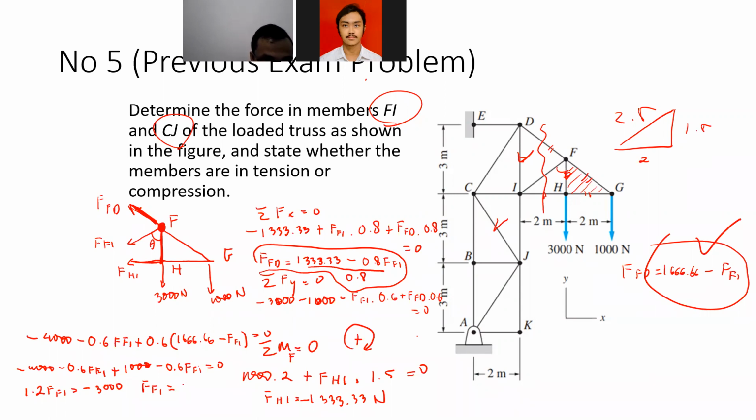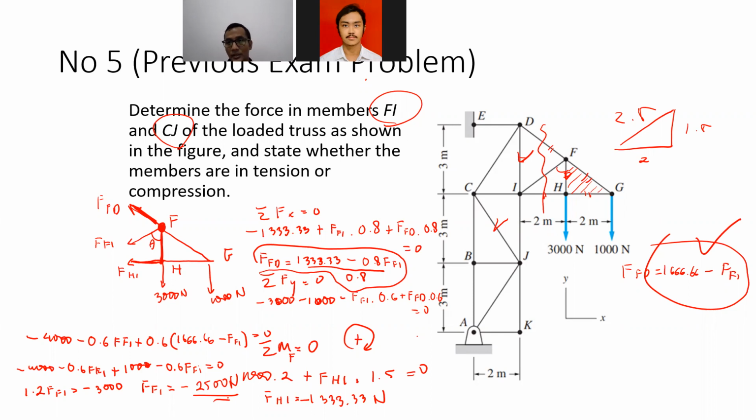Okay, 2,500 you mean? Yes. So this one is 2,500 Newton. FFI is 2,500, so we can solve FFI using that way.